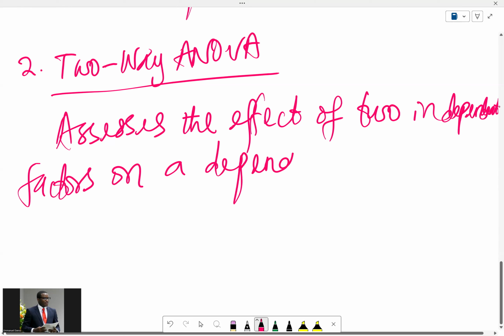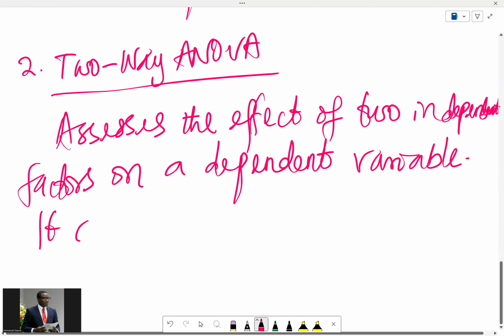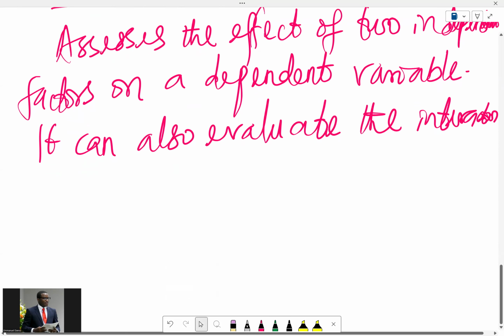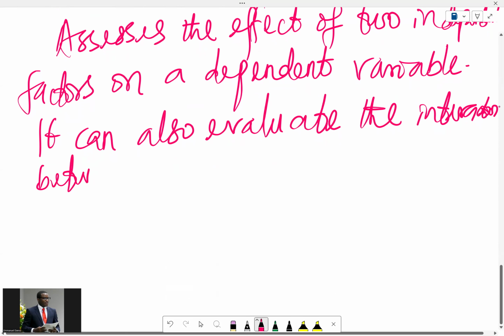So you want to see how two independent factors affect a dependent variable. One-way ANOVA has one factor, one independent variable. It can also evaluate the interaction between the two factors.